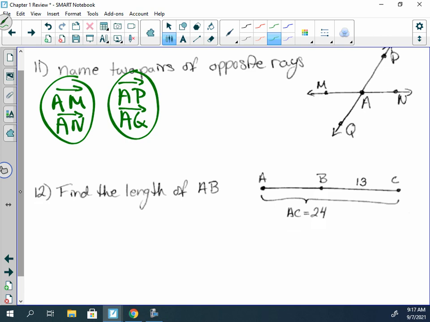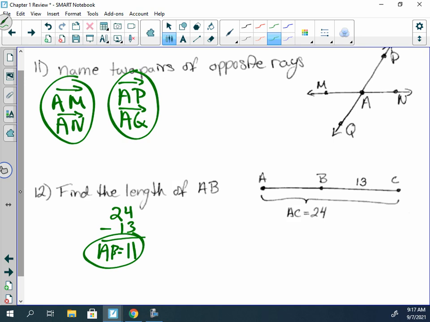Questions on 12? Well, to find that length, we just subtract. So the length of AB is 11. Because AB plus BC equals AC.